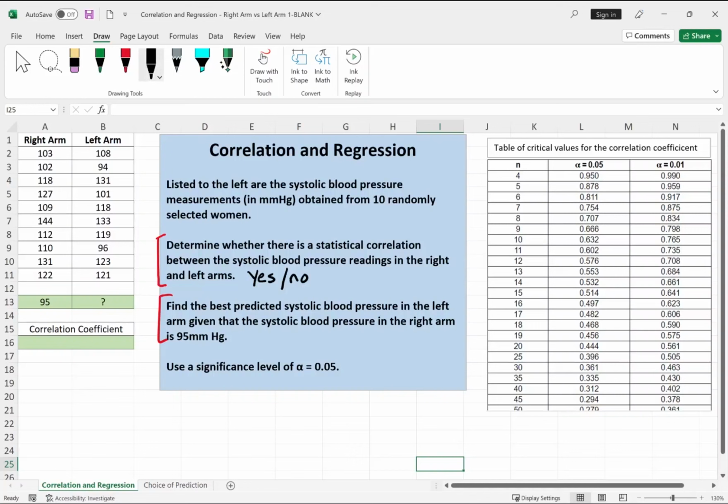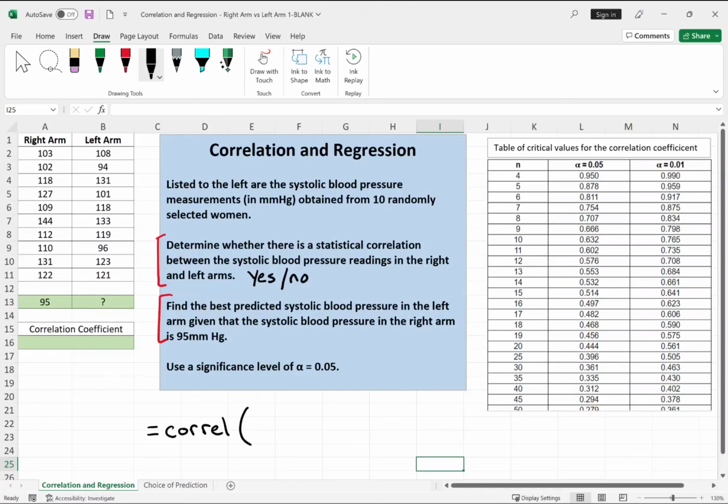We're going to be using the Excel function for correlation coefficient, and that's equal. Always start with an equal sign. CORREL, that's for correlation. And in parentheses, we have to tell Excel where the data is. But since we have two sets of data, generally we call them the X and the Y values.